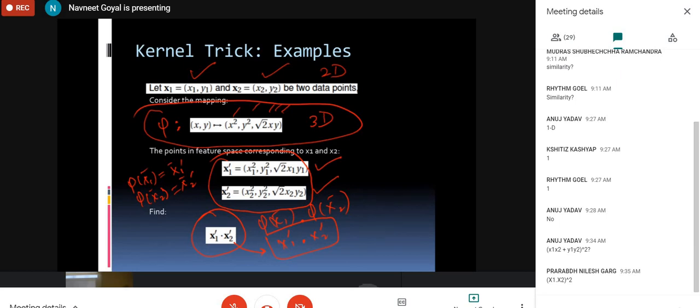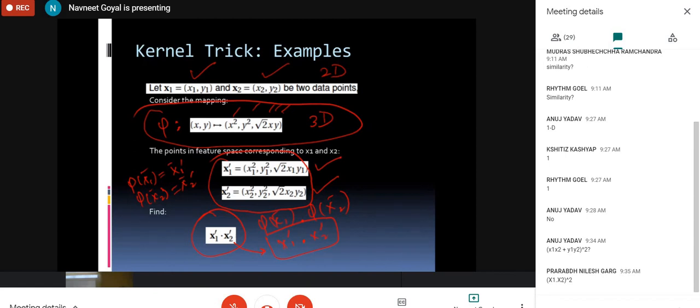Isn't it just x1 x2 plus y1 y2 whole squared? Yes. Is that what you will get? Yes. So now what is x1 x2 plus y1 y2? It is nothing but x1 vector dot x2 vector whole squared.